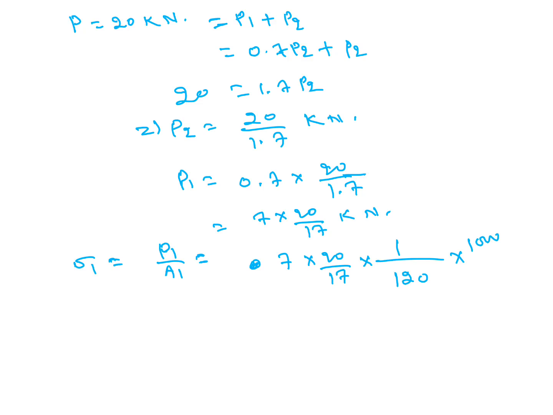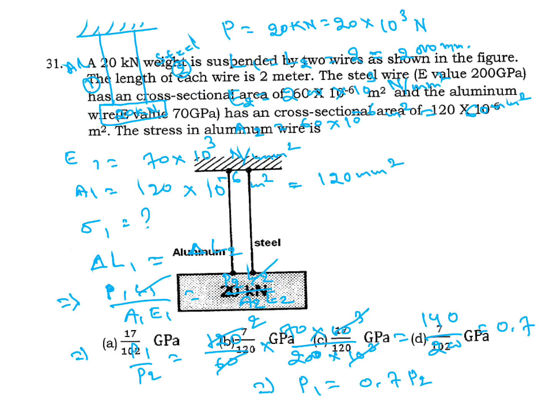It will come 7 by 120 into 10 to the power 3 megapascal. So it is gigapascal. Sigma 1 is, from option, 7 by 102 gigapascal. It's D.